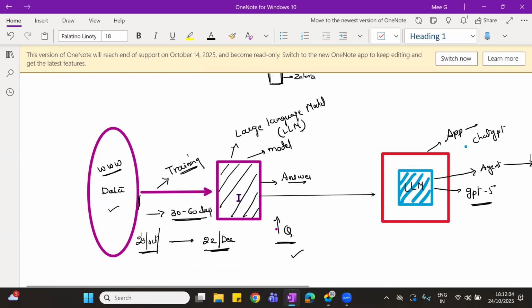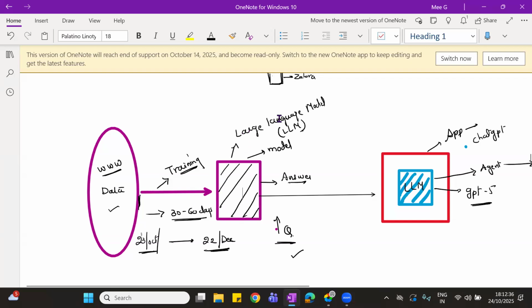Now, if you have a very, very large volume of data and you give this data to the model, then the model will learn from it. This is a very large volume of data, whatever data is available over the internet, petabytes or exabytes of data on the public domain. We give that data to a very high-end model, and it will learn from it. It will take some time, and it will acquire large knowledge from this data.